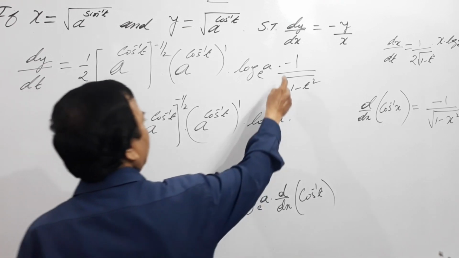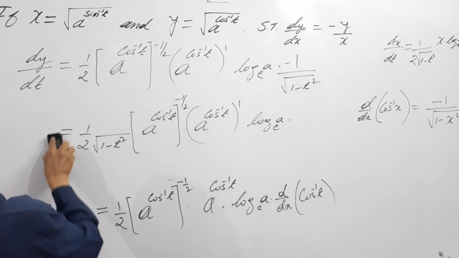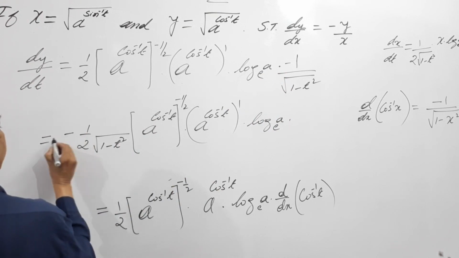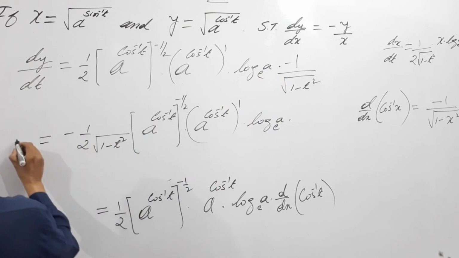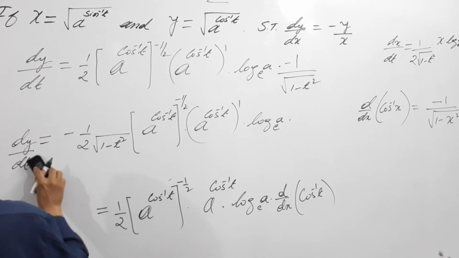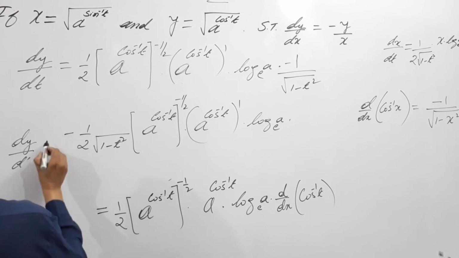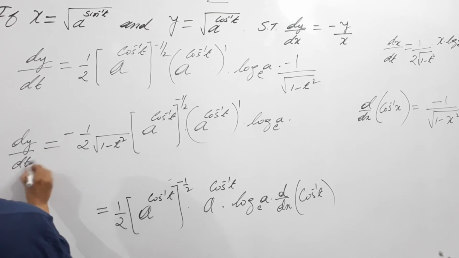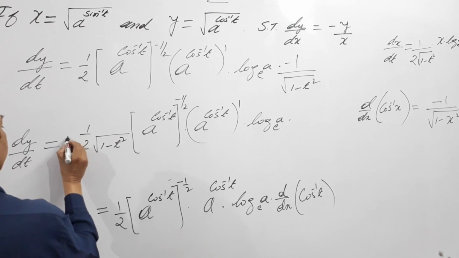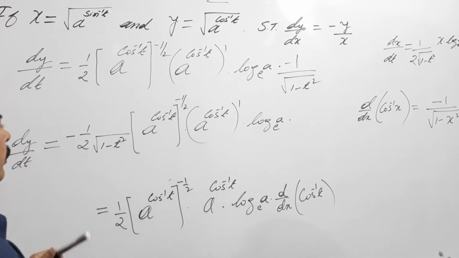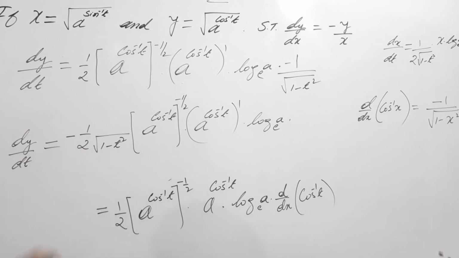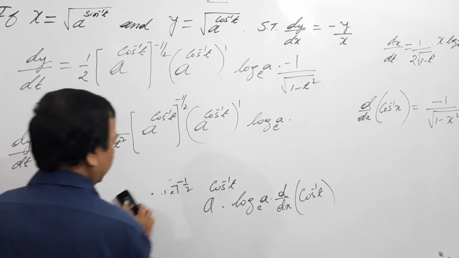Dear students, follow this. So we have a minus value, you take that minus value here, equals to minus, what is this? dy by dt. So this minus value we have, so take this minus value. This minus sign I have taken it here. I rub this.